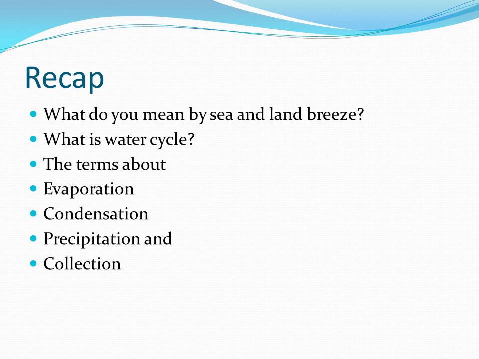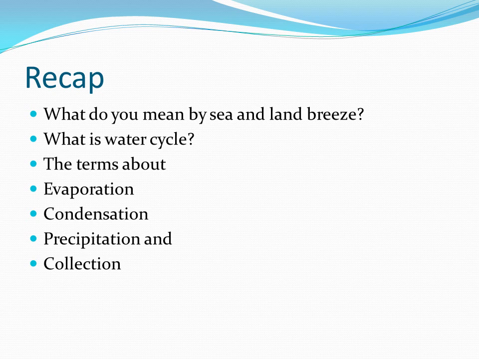At night, what happens? The land cools down faster compared to the sea. Now the air above the sea will be heated. The air from the land moves to the sea area. Since this takes place at night, it is called a land breeze. Then we have seen about the water cycle.